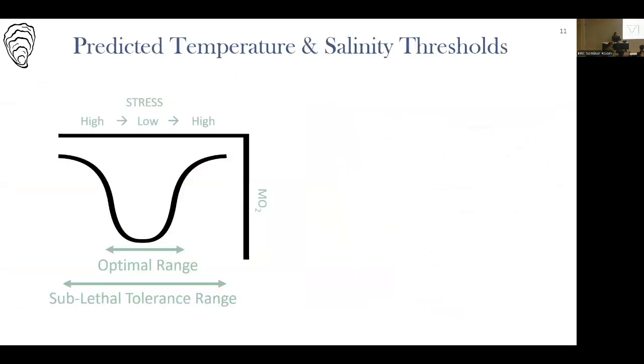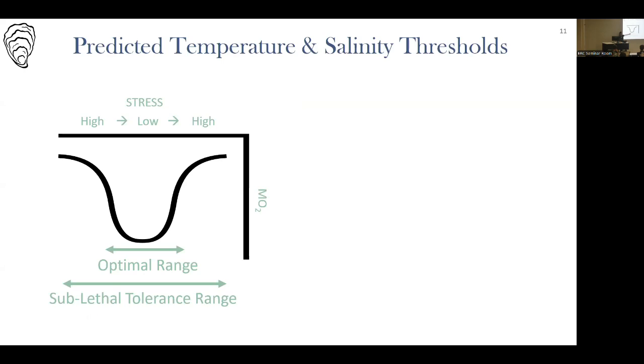Okay, so what do we predict to see with temperature and salinity stress? We predict to see this sort of bell threshold curve where we have this optimal range when our stressor is low, and outside of our optimal range, we see metabolic suppression. If we have metabolic oxygen on our y-axis, a larger negative number is when the oyster is opening and happy and breathing.